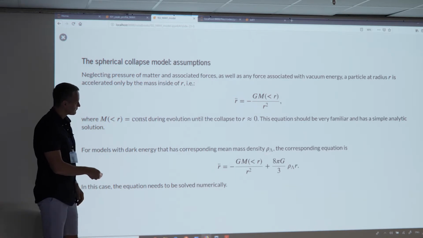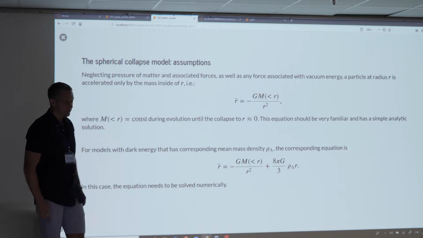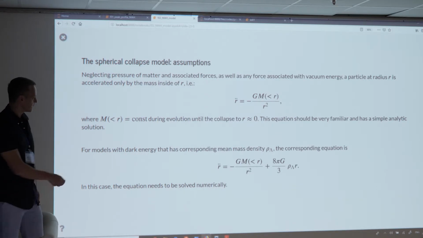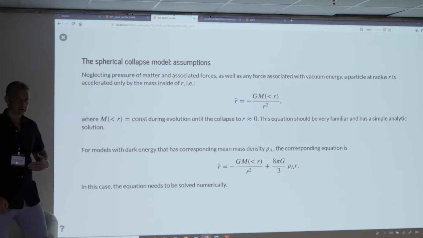With lambda, this equation will have a term that corresponds to vacuum energy that has this form, proportional to radius. It comes in as positive, so vacuum energy or dark energy acts as an accelerating force, right? So unlike gravity that slows things down, which comes with a negative sign, dark energy comes with a positive sign, so it accelerates things.